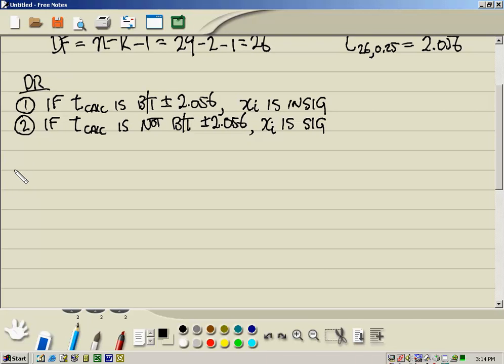At this point we do our calculations. First, for x1, t-calc is the coefficient beta hat 1 divided by the standard error.